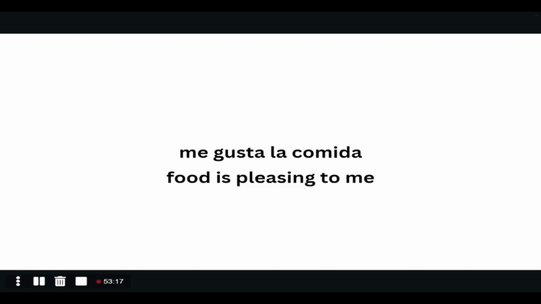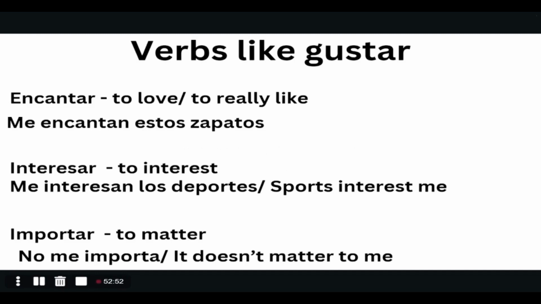Food is pleasing to me. I like food. That's the same sentence. Now, if we apply this in all of our sentences going forward using the verb gustar, we won't have an issue, right? So think of food is pleasing, right? Think of it like that, and we will have fewer problems in our conjugation of that verb, right?